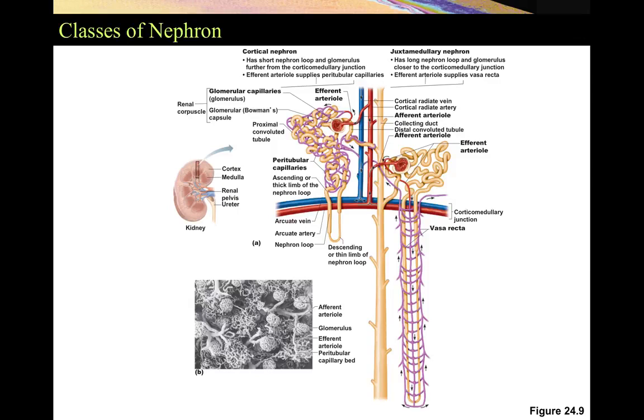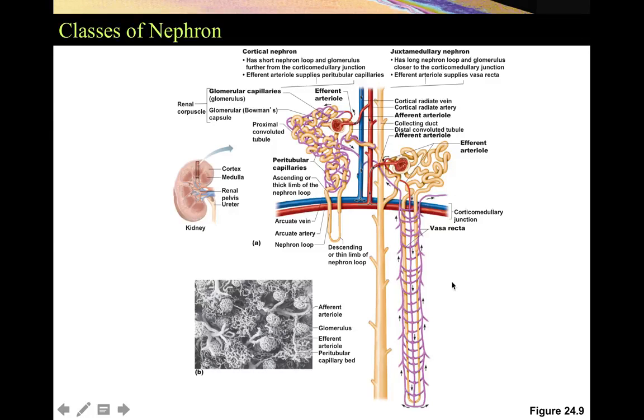On the other hand, you have the second category of nephron. They are not very common, about 15% of the total nephrons. If you compare them, they have a much longer nephron loop, which dips significantly into the medulla, and they're located at the junction of the cortex and medulla.